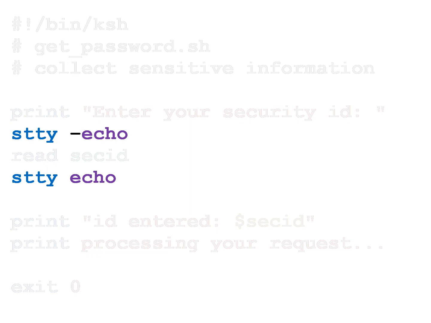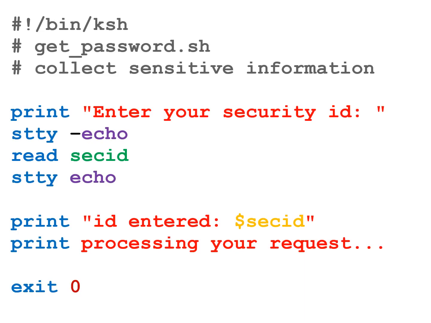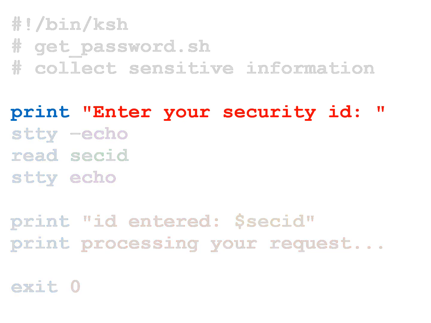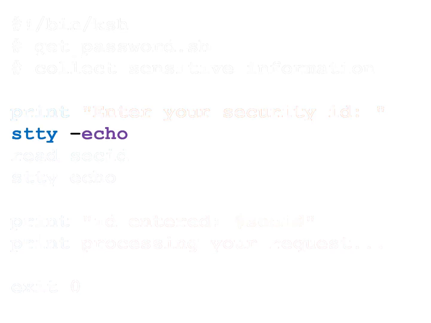This is useful in situations when sensitive information is requested by the shell script, such as passwords or security IDs. Prompt some message to make the user aware of what is going to happen. Given the fact that the default setting is on, turn off the screen echo for console-typed characters.